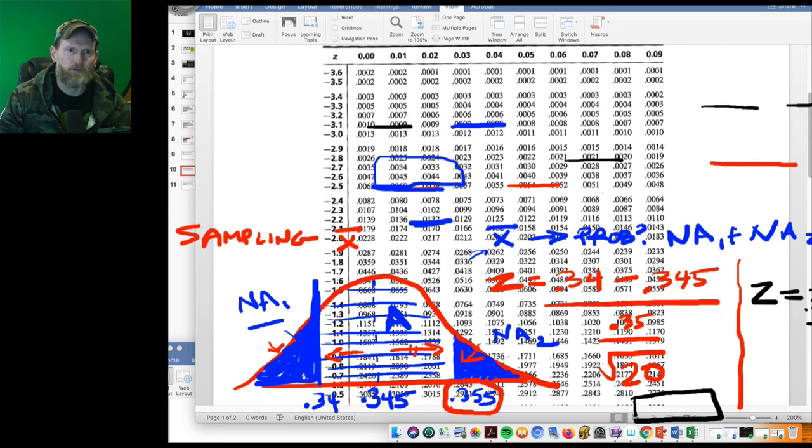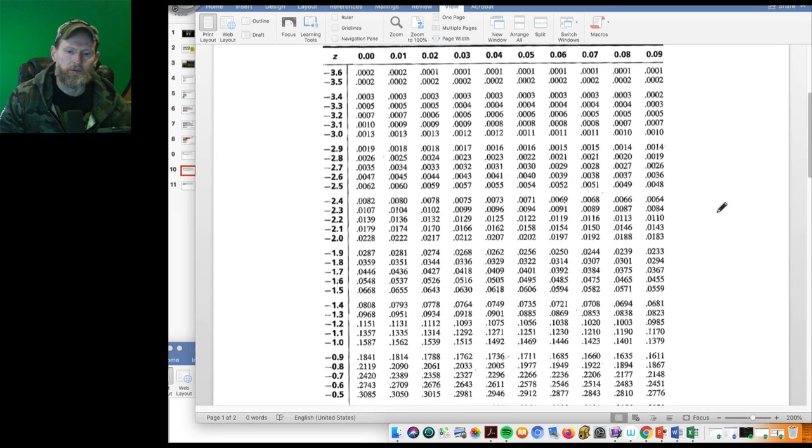The first z-score that I'm looking for is negative 0.06 in terms of a z-score.